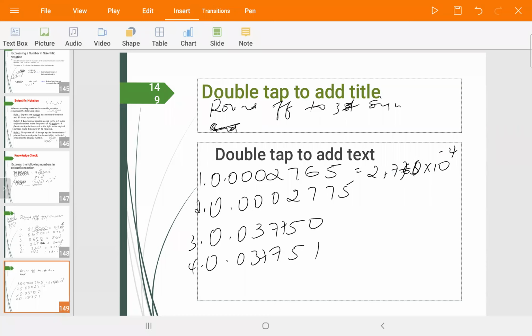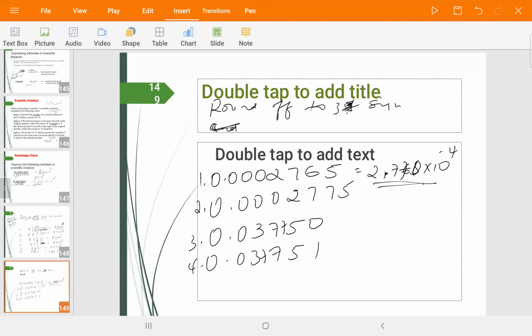Let's see. Who can comment on this? Is this the correct answer? Four significant figures. Ready? Say it again. 2.770 አራት significant figure አይደል ሚስተር? No. 3 እናደርገው 3 right? 3 significant figure.